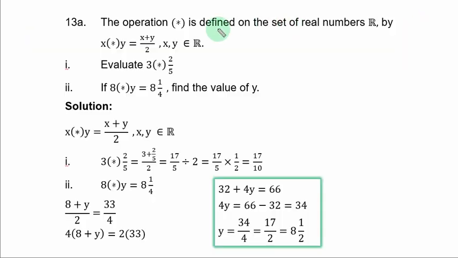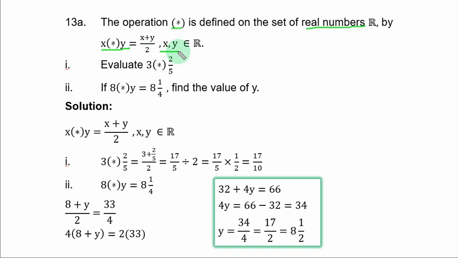Question 13a. The operation asterisk is defined on the set of real numbers by s asterisk y equal to (s plus y) over 2, where s and y are members of the set of real numbers.